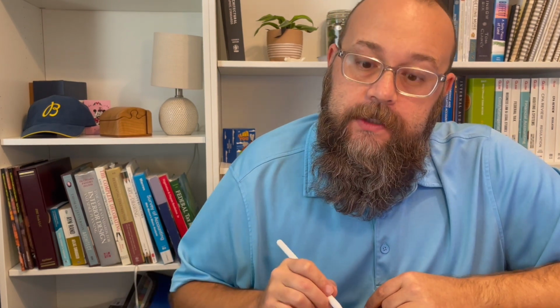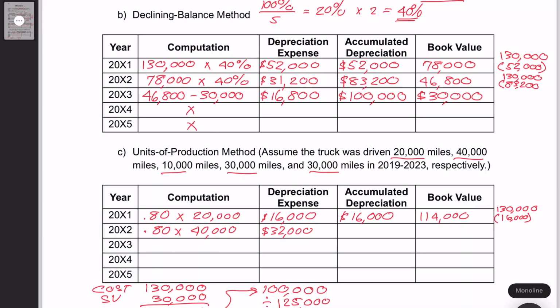So previously I had 16, now I have an additional 32. My accumulated depreciation for year 2 is going to equal $48,000. And we see our cost over here on the side, historical cost, subtracting out our accumulated depreciation, and we end up with a book value of $82,000.